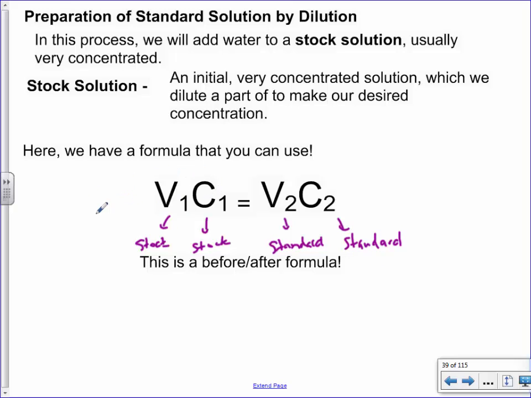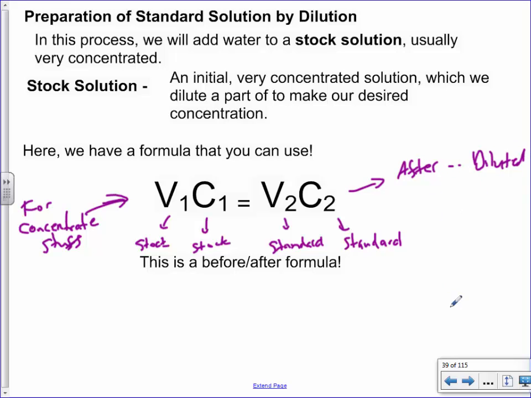On this side right here, the numbers you're going to use are for the concentrated stuff, whereas these numbers right here are for after you're done, when it's diluted.